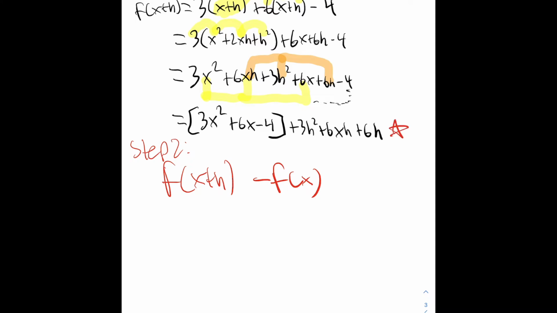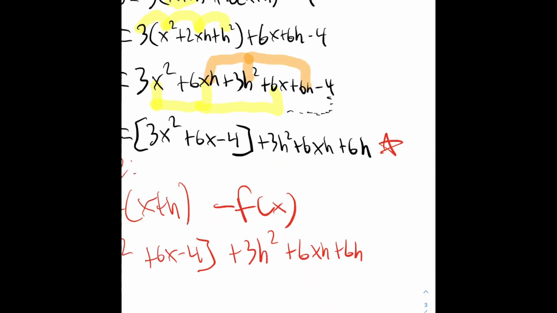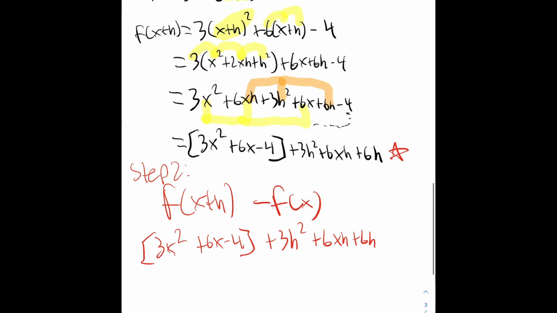So I'm going to rewrite it. These do take up a lot of room. 3x squared plus 6x minus 4 plus 3h squared plus 6xh plus 6h. And then I still have to do minus f of x. So almost this whole thing is in another set of brackets. I almost needed to make it smaller. Oops.